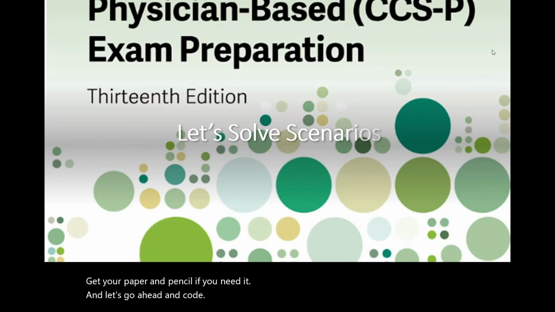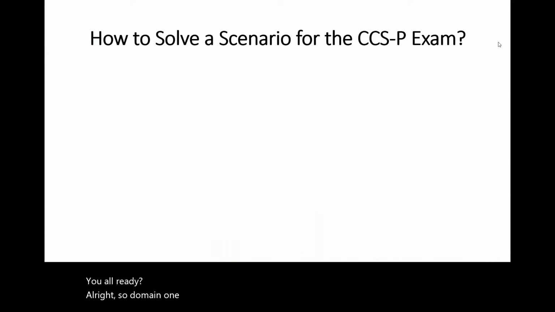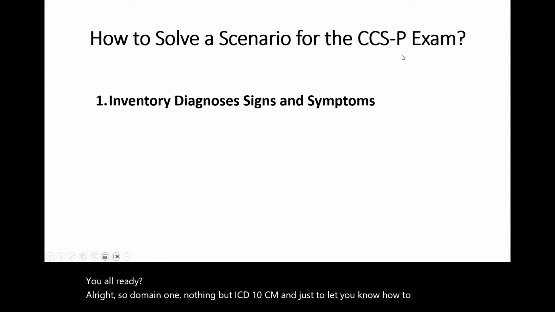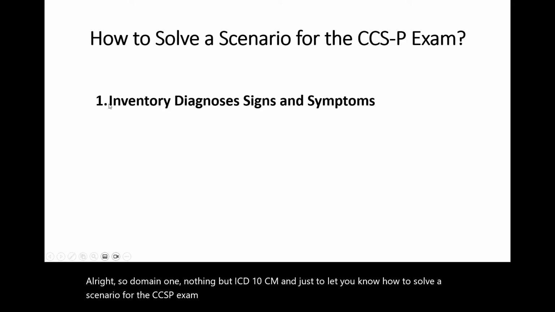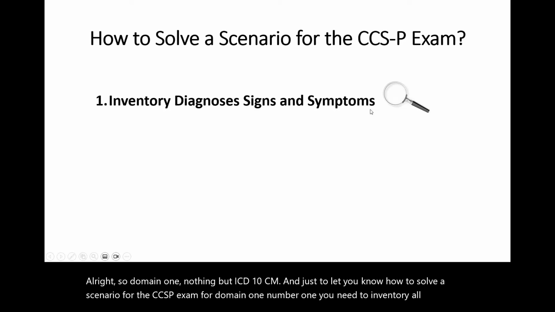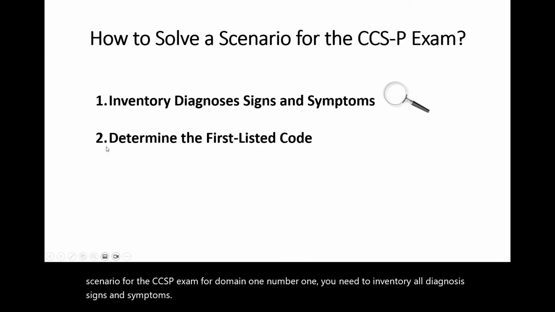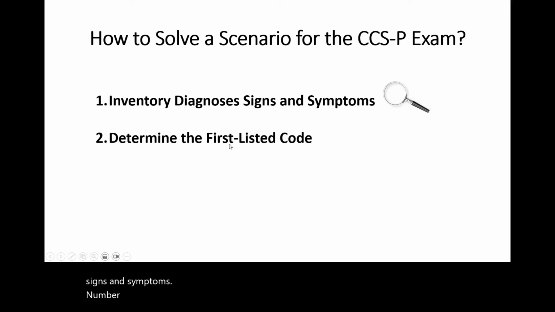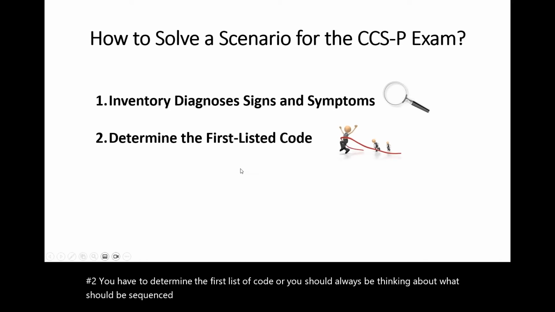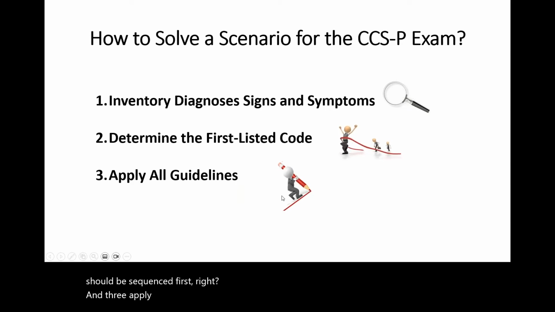You all ready? All right, so Domain 1, nothing but ICD-10-CM. And just to let you know how to solve a scenario for the CCS-P exam for Domain 1: number 1, you need to inventory all diagnoses, signs, and symptoms. Number 2, determine the first listed code, always thinking about what should be sequenced first. And 3, apply all pertinent guidelines as quickly as you can.